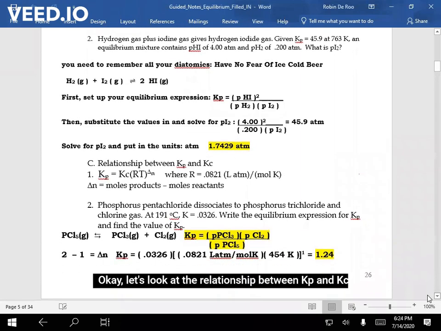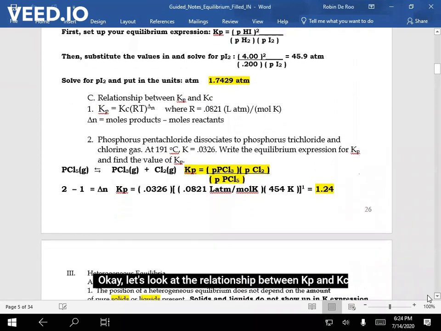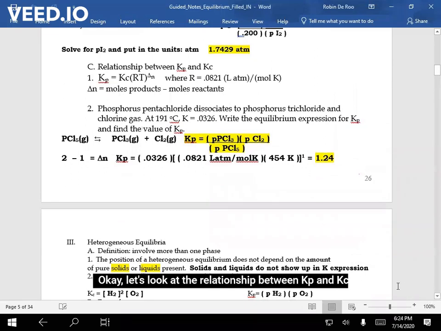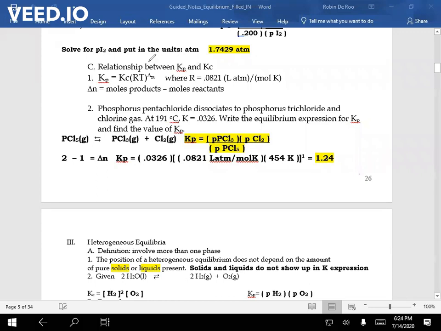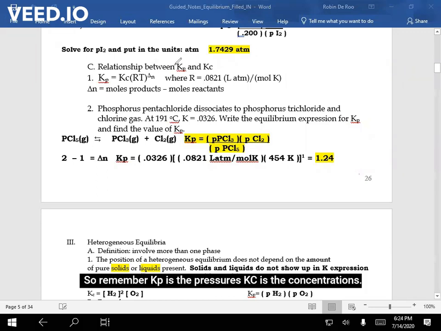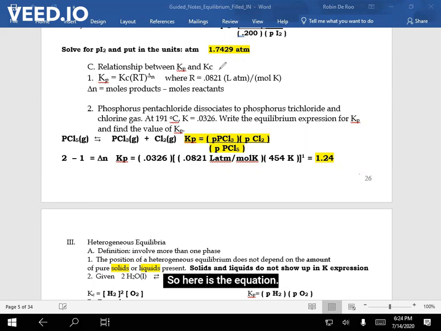Okay, let's look at the relationship between Kp and Kc. So remember, Kp is the pressures, Kc is the concentrations. So here is the equation.